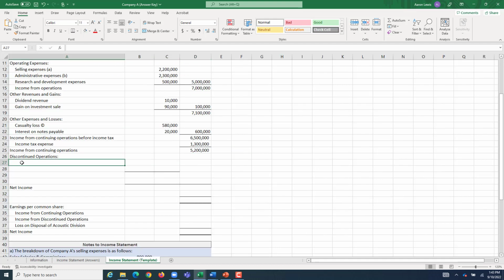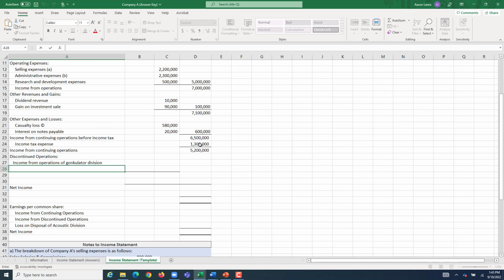There's always two parts to it that you have here. It is firstly the income that came from operations of that discontinued operation. In our case, it's the gonculator division. And whenever you report income or loss or gain or whatever from a discontinued operation, you report it net of its applicable income tax.